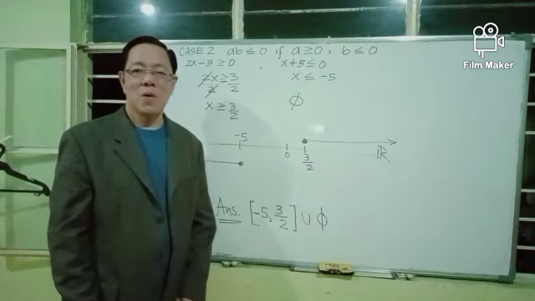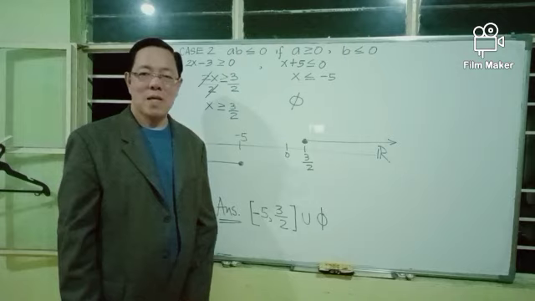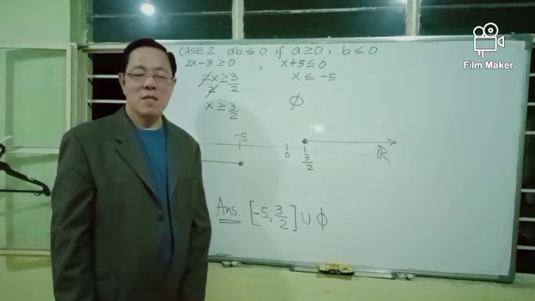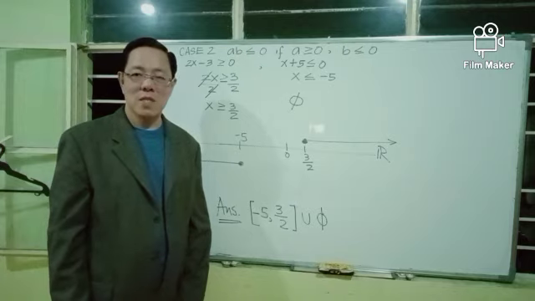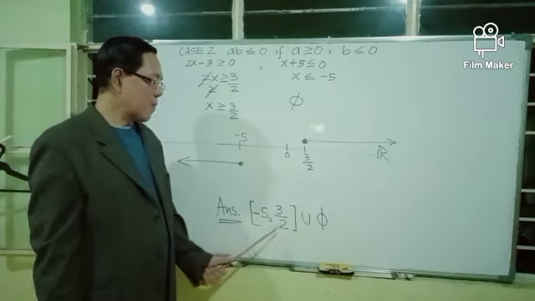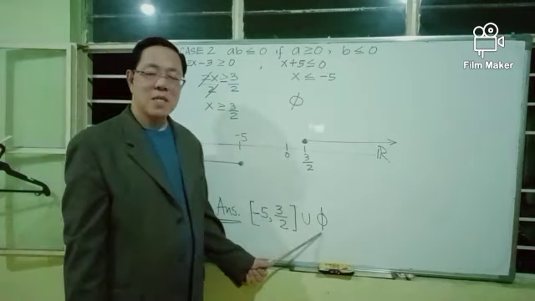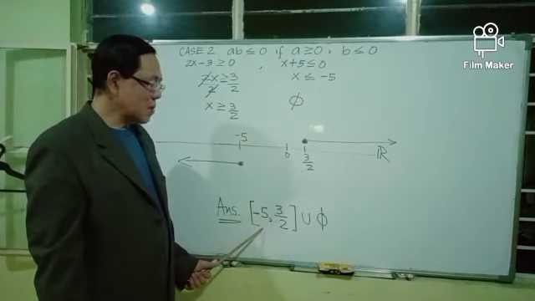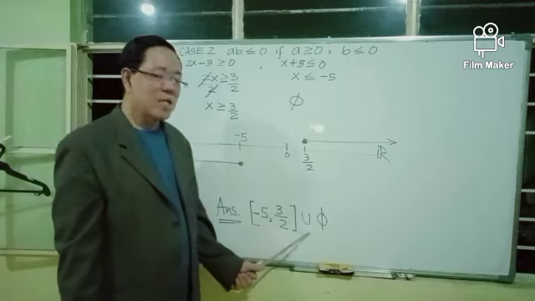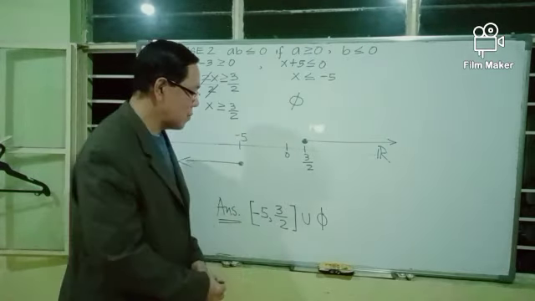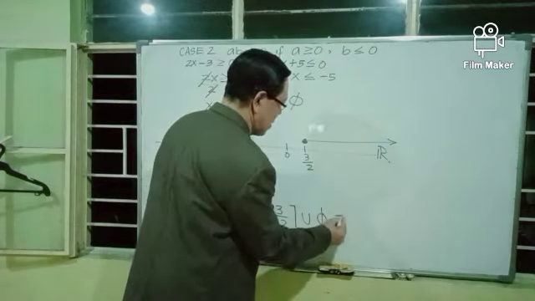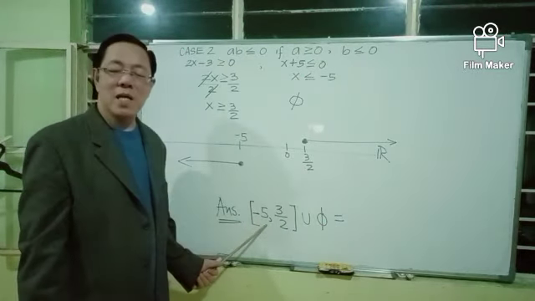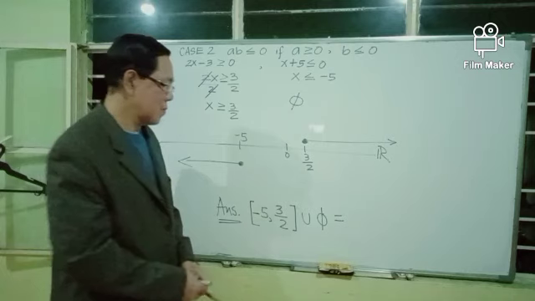But from your study of sets, the union of a set and the null set is equal to the set. The union of a set and an empty set is the set. Thus, the union of this closed interval and the null set is equal to the closed interval -5, 3/2.